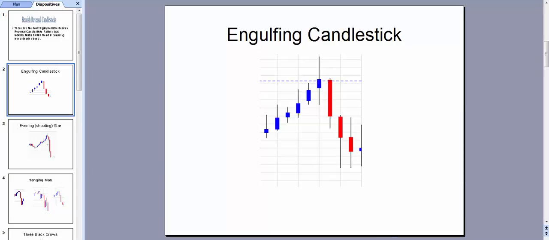Let me show you. This is an uptrend, as you can see, going up. This is a blue candle that opened here and closed here. But this bearish red candle opened on the close of this blue candle and closed very far below the open of this blue candle. So this is the engulfing candlestick pattern on an uptrend.